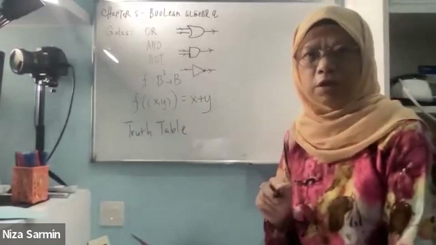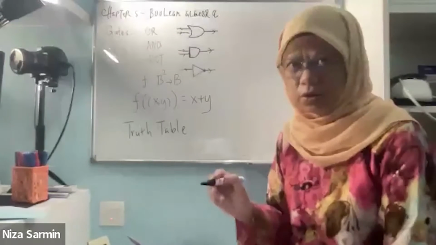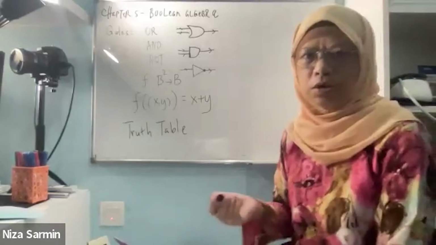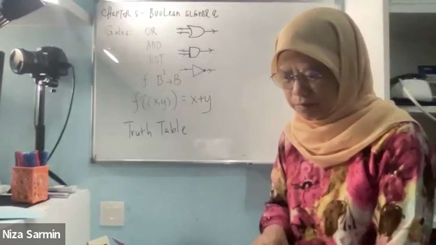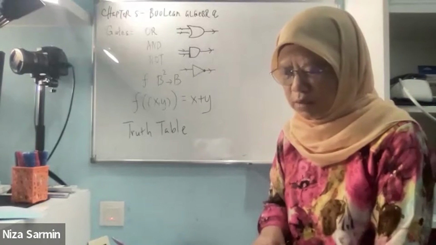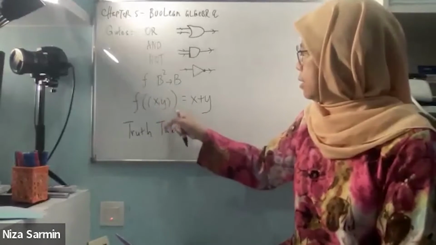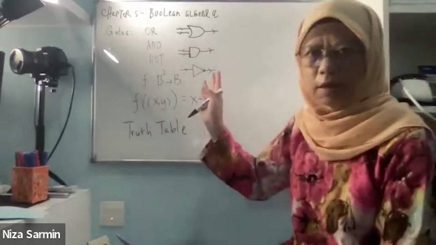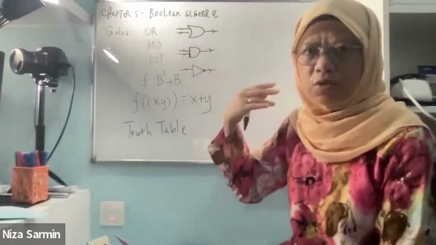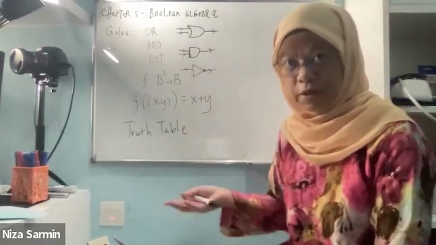So the truth table is not true or false, but 1 or 0. And then you will be given the question. Probably you are given the truth table, come out with the expression.